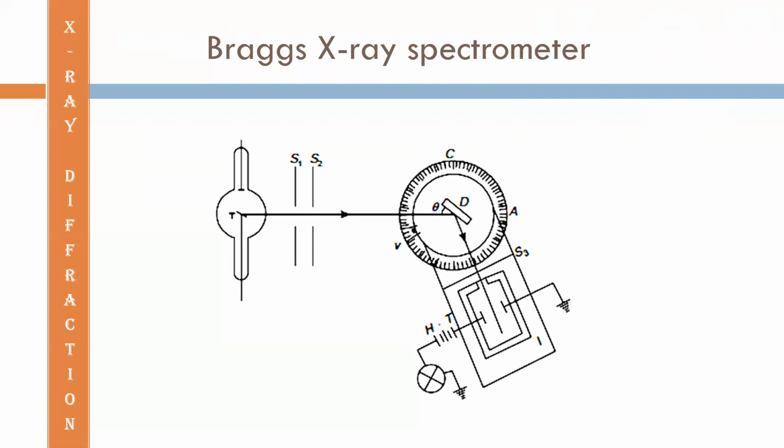Look at the figure once more. An X-ray tube to produce X-rays, two slits to collimate the X-ray beam, and there is a graduated rotating vernier table and space to place the crystal, and there is an ionization chamber, and there is some device to analyze the current from the ionization chamber.